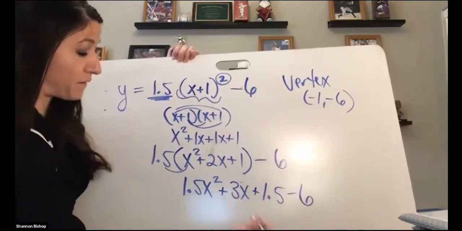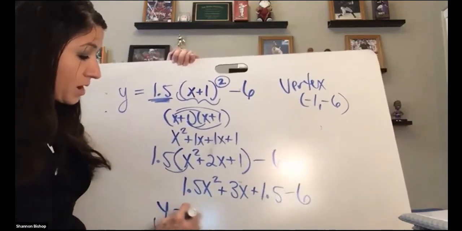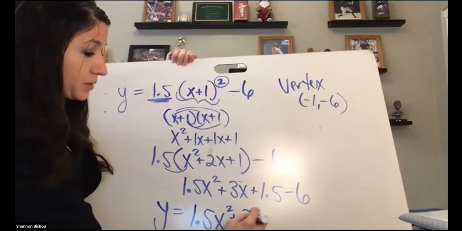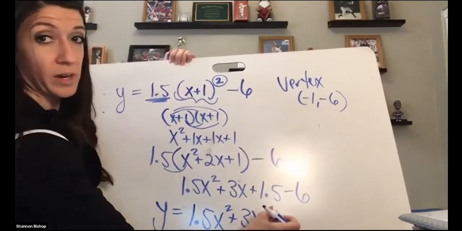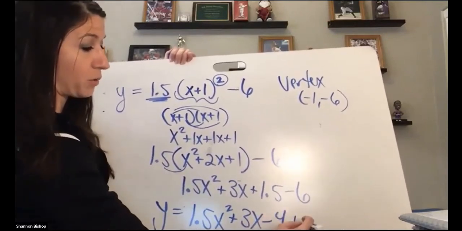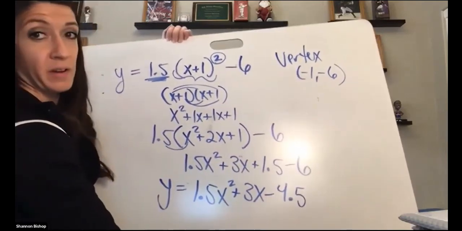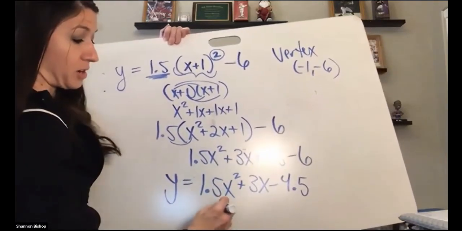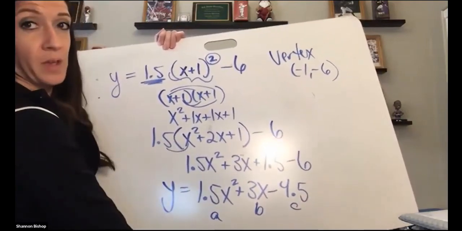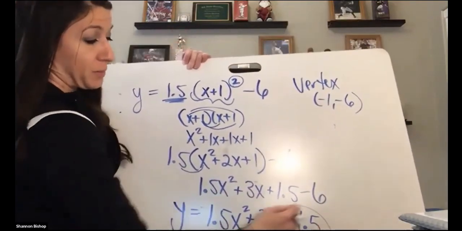So the final answer is y equals 1.5x squared plus 3x. 1.5 take away 6 is minus 4.5. And you are right back into your standard ABC form. You'd have your vertical intercept at this point.